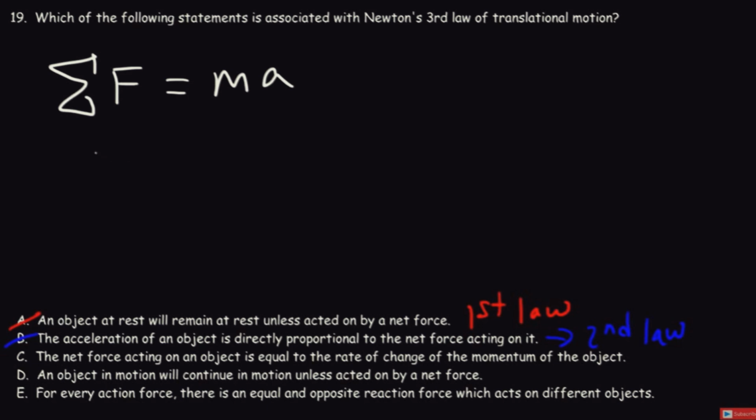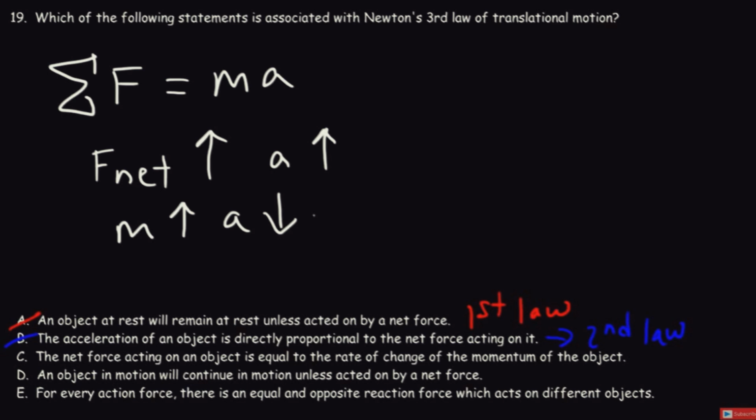If you increase the net force acting on an object and the mass is held constant, the acceleration will increase directly. So acceleration and net force are directly proportional to each other. Now, if you increase the mass of the object while keeping the net force the same, the acceleration will decrease. So mass and acceleration are inversely related, and that's the basic idea behind Newton's second law of motion.